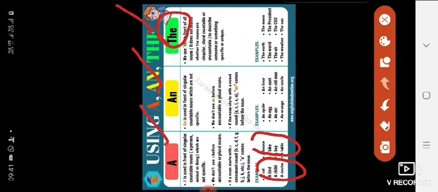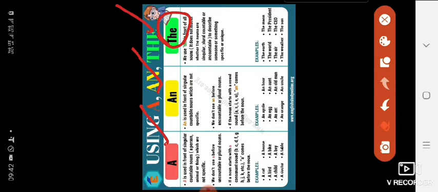So, in these types of articles, a and an, we have to look where these articles can be used and what are the basic rules for usage of these two articles, that's a and an. Here, first of all, is the rule first.